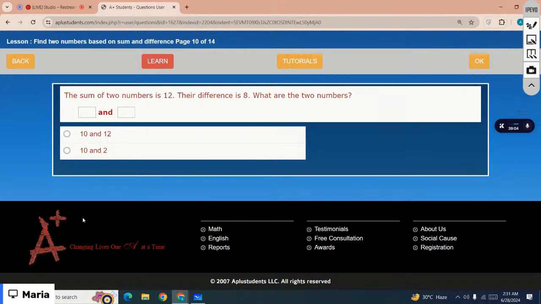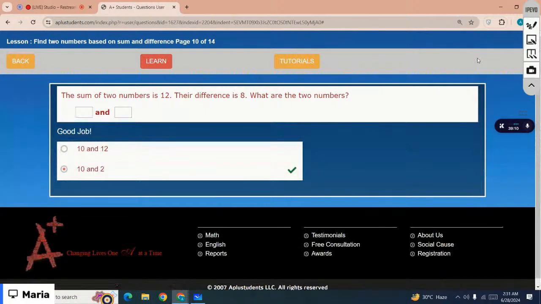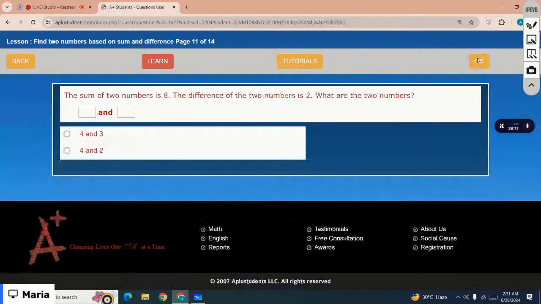Option number two is the correct option. They are 10 and 2, right? When added, they make 12 and when subtracted, they make 8, right? Okay, you can complete the lesson by yourself. And today, let's just move on to the next lesson.